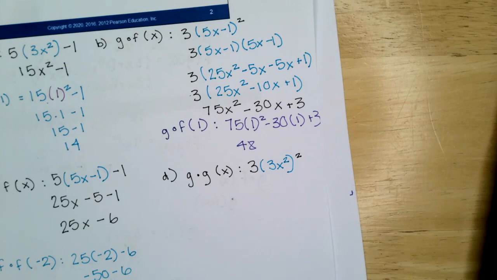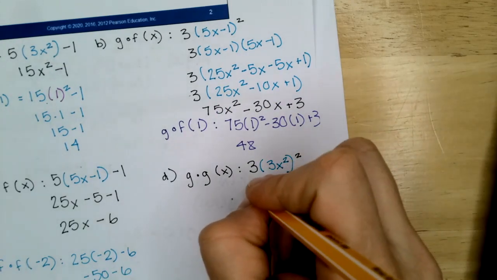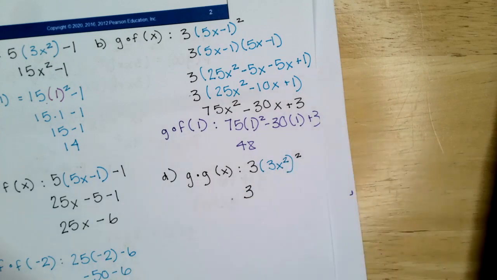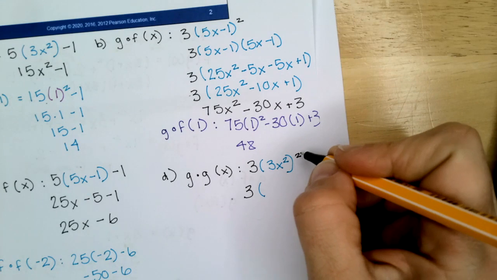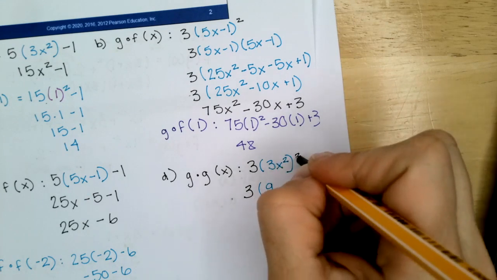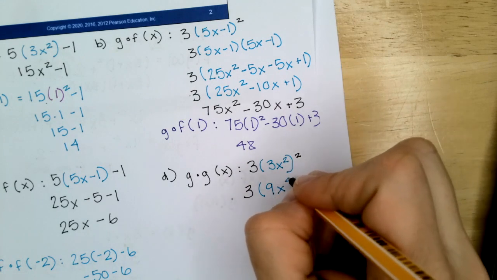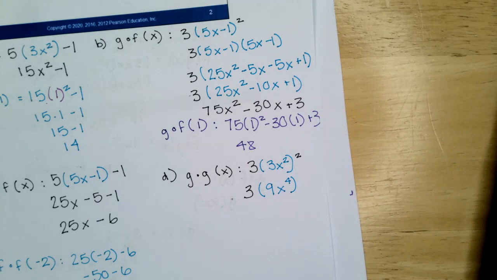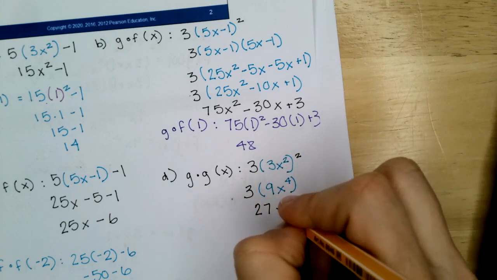Okay, what does this mean? The 3x squared squared, now I'm just going to distribute the 2 because it's one term. So 3 squared is 9, x squared squared, we have to multiply the 2 times the 2 and we get 4. So that's now 3 times 9x to the 4th. Good? 3 times 9 is 27, x to the 4th.